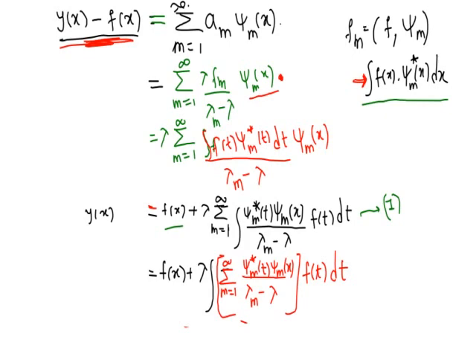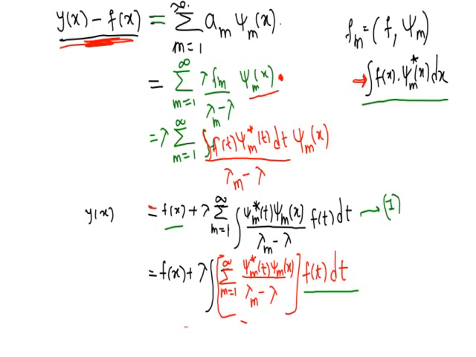What should be the form of the solution if we are using the resolvent kernel? It should be f of x plus lambda times the integral of some resolvent kernel expression into f of t dt. Now inside this bracket, it is the resolvent kernel.